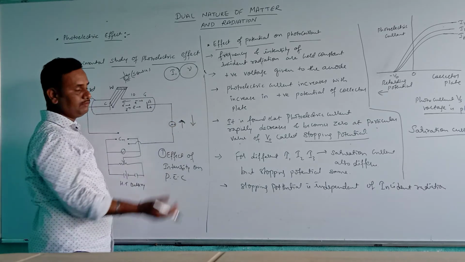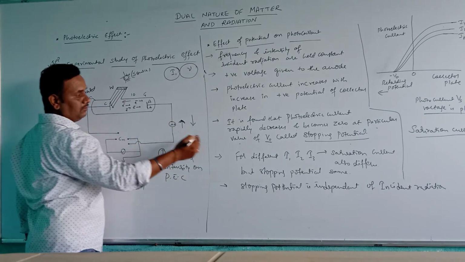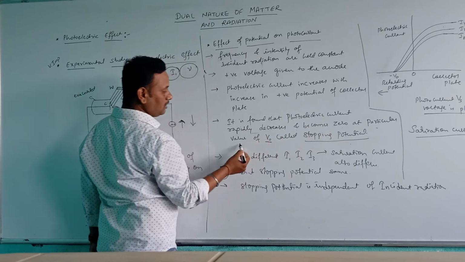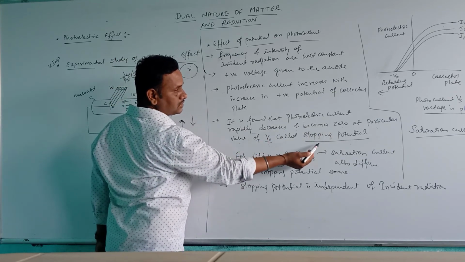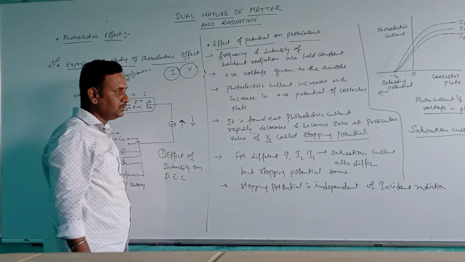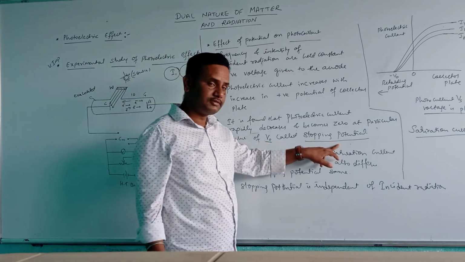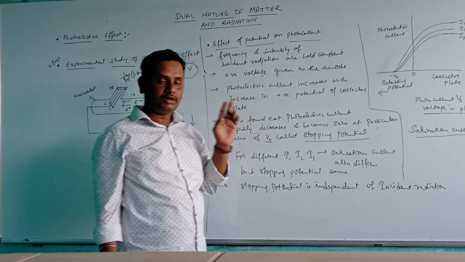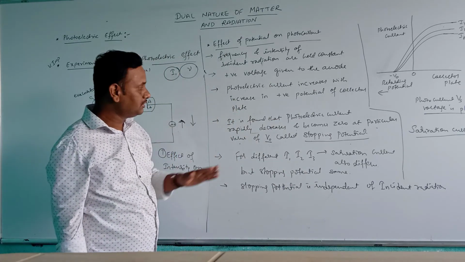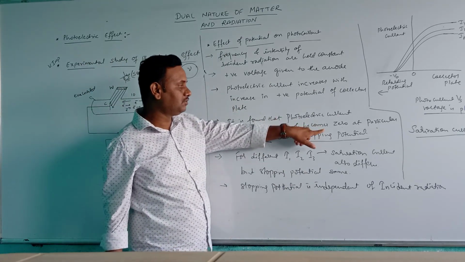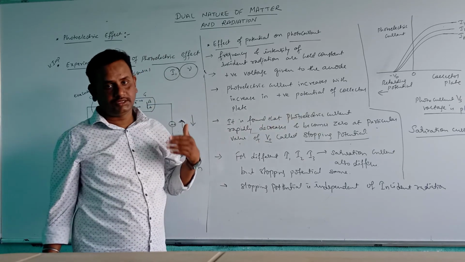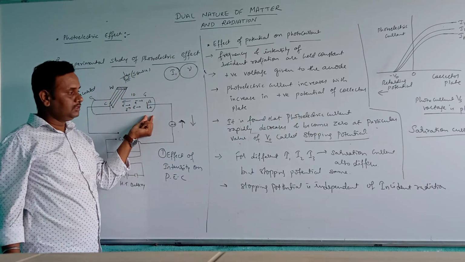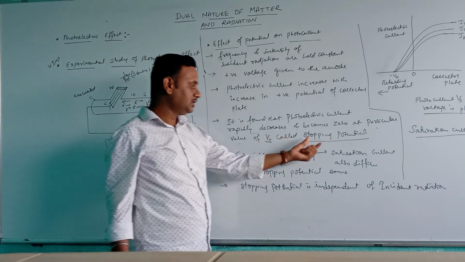Again, if I maintain a negative potential, there will be a decrease in the photoelectric current, and it becomes zero at a particular value V0, which is called the stopping potential. So stopping potential means that for a particular frequency of radiation, the photoelectric current becomes zero when more and more negative potential is applied.